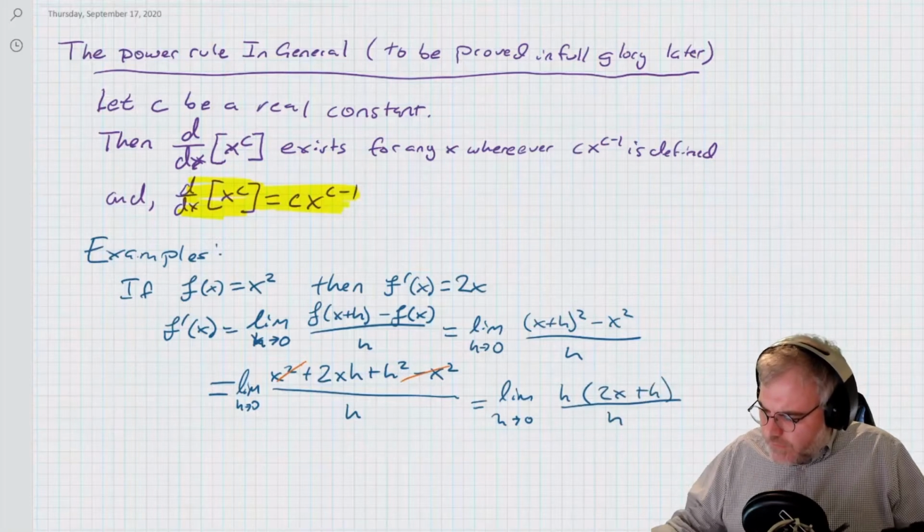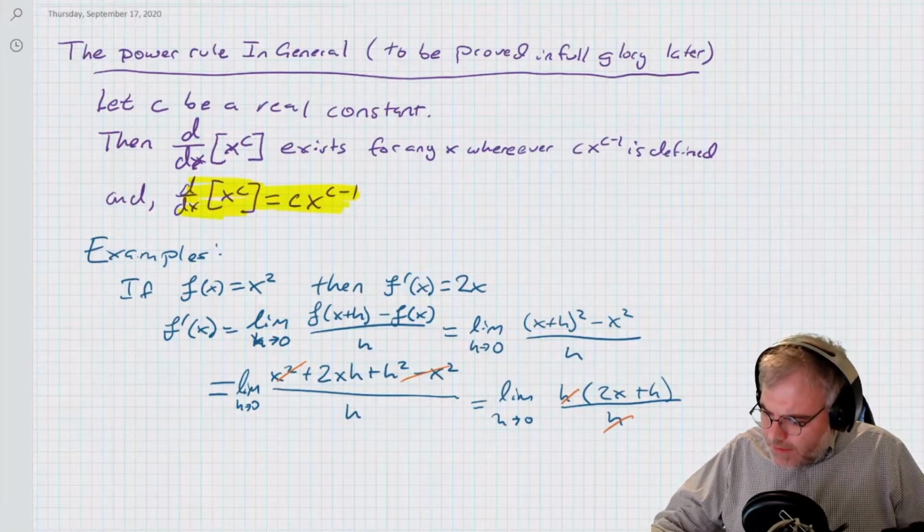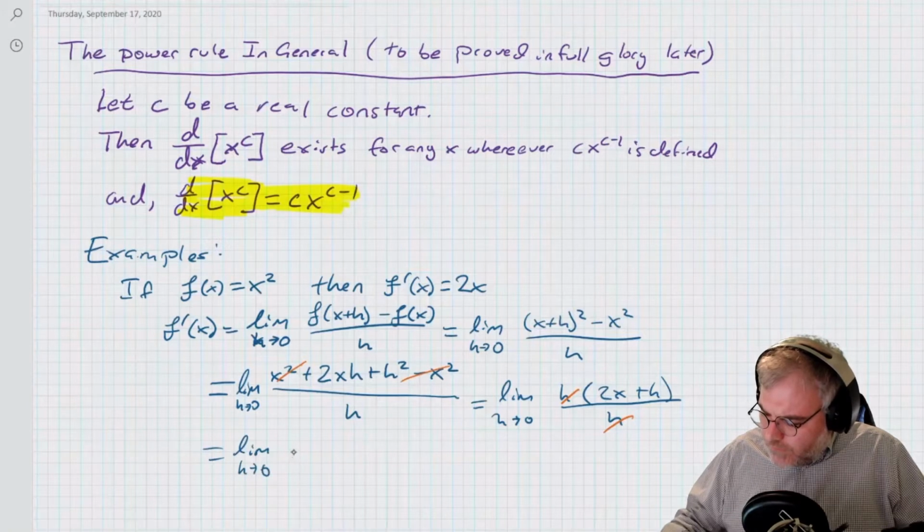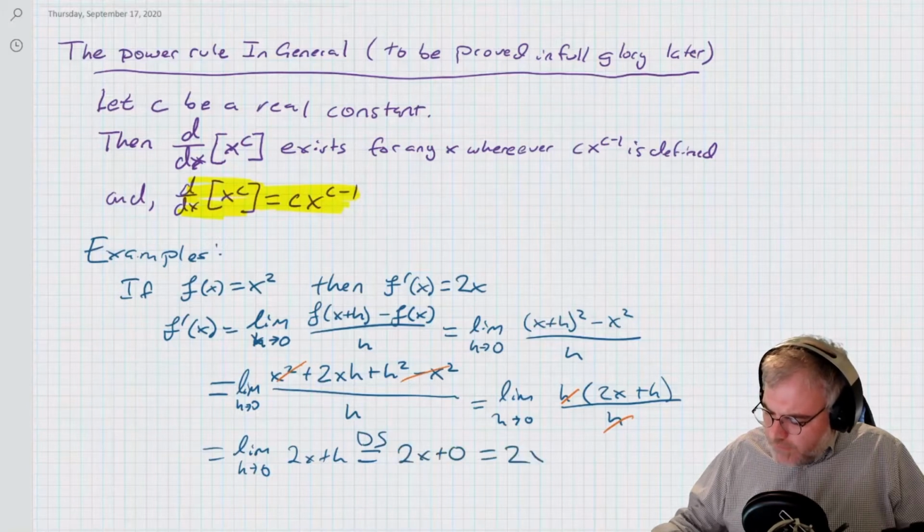The h's cancel. And I wind up with the limit as h goes to 0 of 2x plus h, which is 2x plus 0, equals 2x.